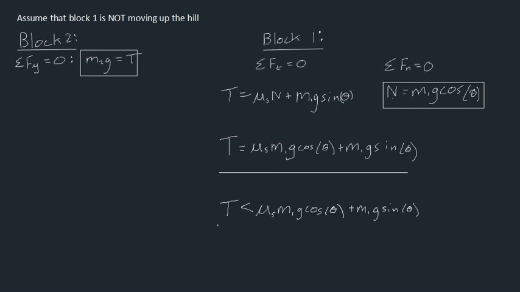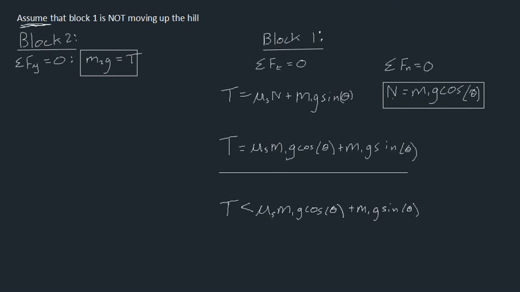So this is really just a more generalized expression for saying that these are all the values of T for which the block doesn't move up the hill, right? And we're going to test whether this inequality actually holds true or not. And if it doesn't hold true, that means our initial assumption is wrong.